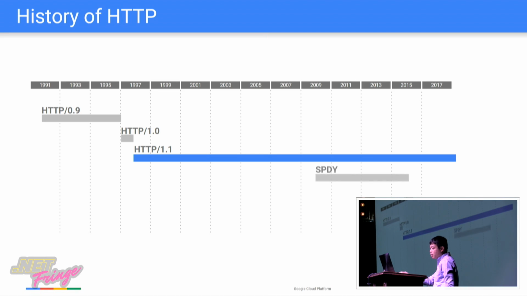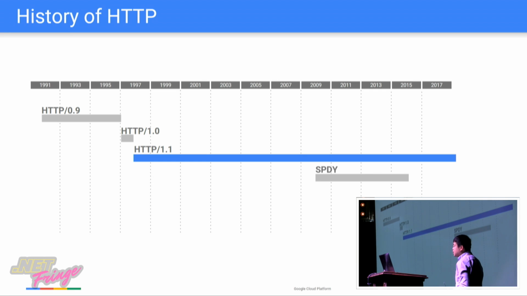And okay, in 2009, somebody started to think of ways to tackle these problems. They started a group at Google and gave it the name SPDY, pronounced "speedy." The goal was to gain speed.